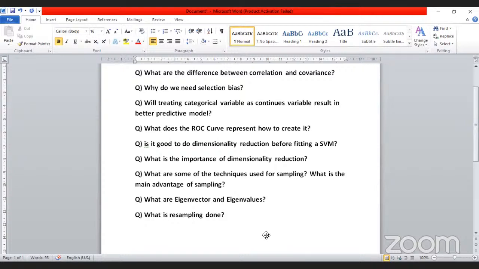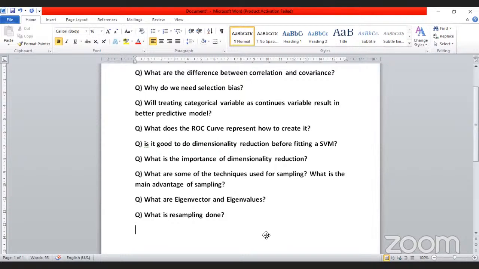Did you understand when resampling is done and what it is? Resampling is a methodology used to sample the data for improving the model's accuracy.